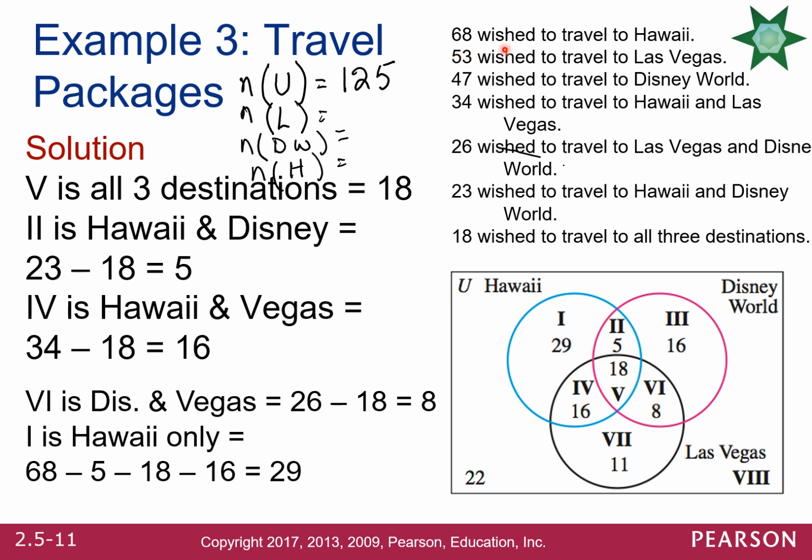So 53 minus 16 minus 18 minus 8, all the intersecting regions or numbers within the black circle. And then finally, there were 125 in the universal set. So you have to see how much all these sum up to, and then subtract that from the 125 to find the number of people who are outside this set, who are not interested in any of these destinations.